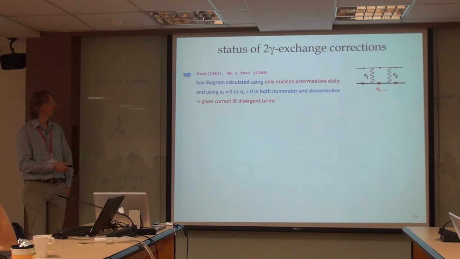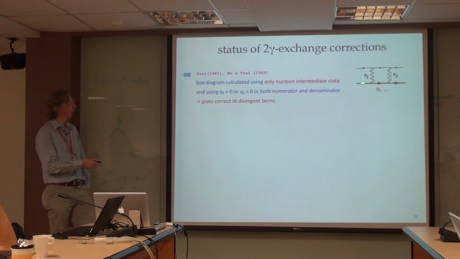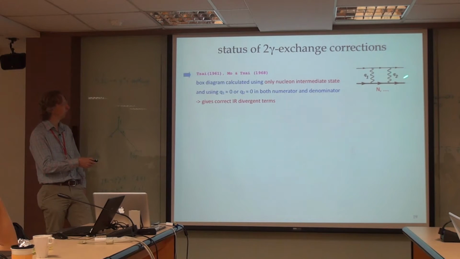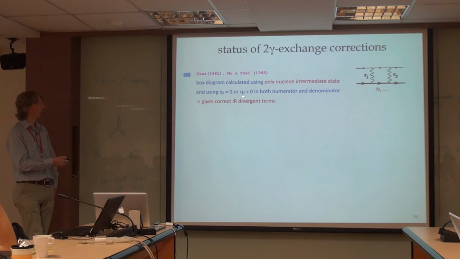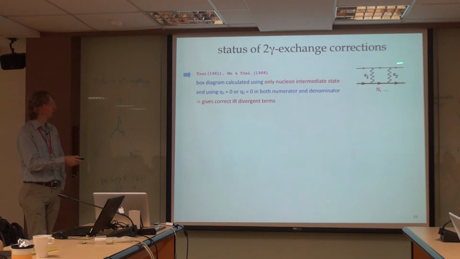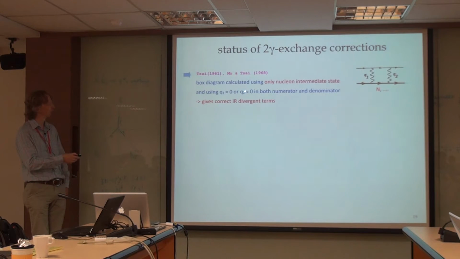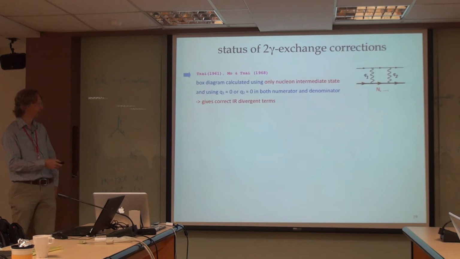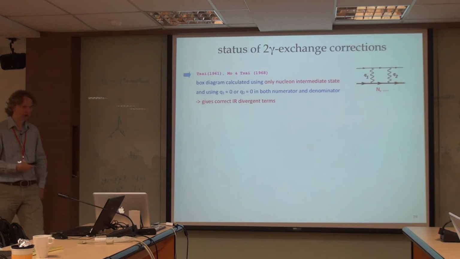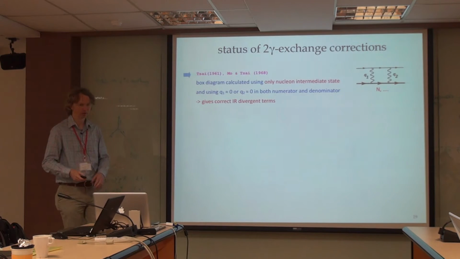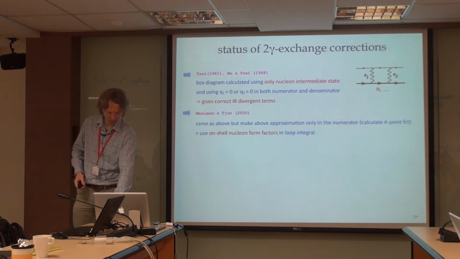The dominant contribution, if you calculate such a diagram, are coming from the regions where this Q1 and Q2, so the photon momenta, are close to 0, so when they're soft. Because this is the case, what they did in their calculation was to make this approximation in the numerators and denominators of the lepton and nucleon propagators. This is just a way to reconstruct the infrared divergent terms.